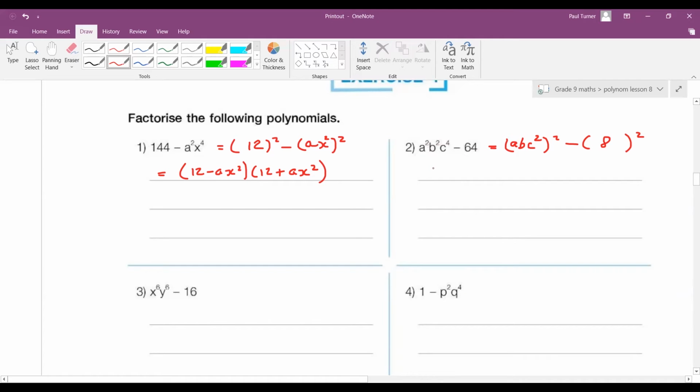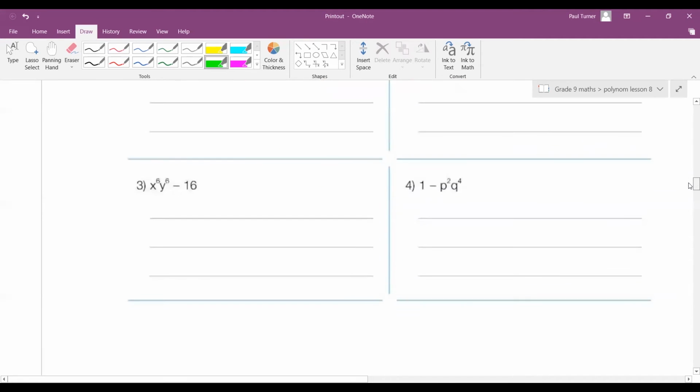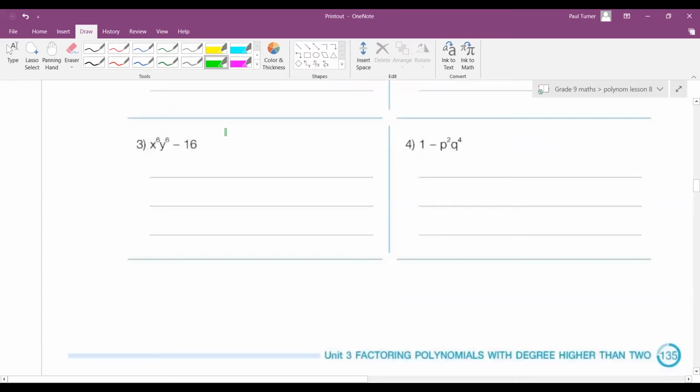So we'll have ab c squared minus 8 for your factor, and ab c squared plus 8 for the other factor. So those are your two answers for 1 and 2. So just check you got that answer okay. And question 3, x^6 y^6. So we want that as power 2.